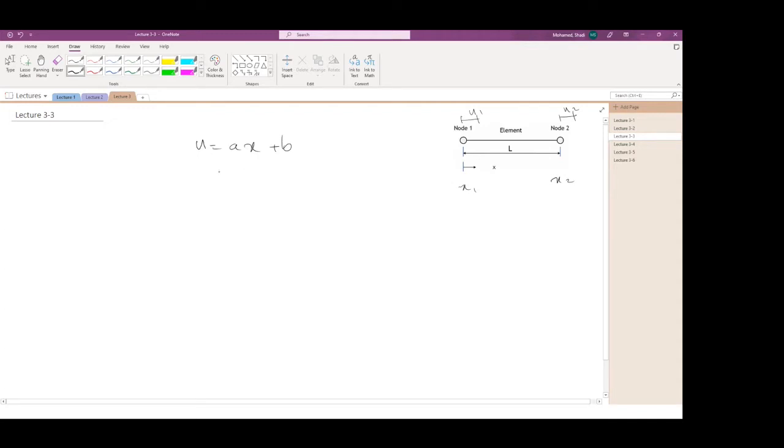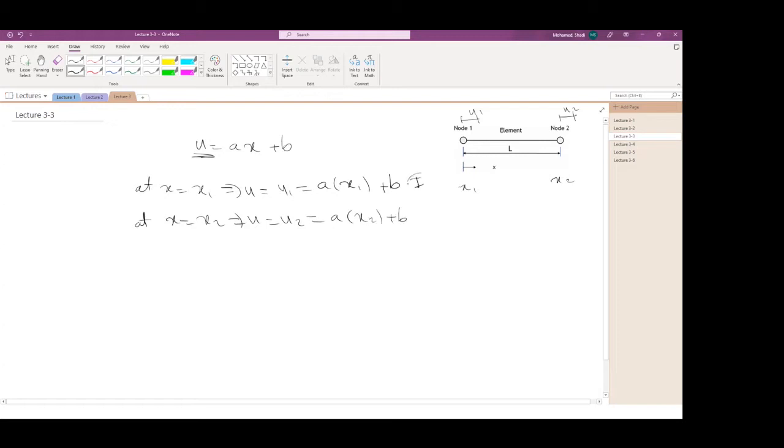Let us just do the same process we did earlier when we did the interpolation for the displacement. At x equal to x1, we have u in this equation equal to u1, and then I can substitute x with x1: a x1 plus b. And at x equal to x2, we have u equal to u2, and we have a multiplied with x2 plus b.